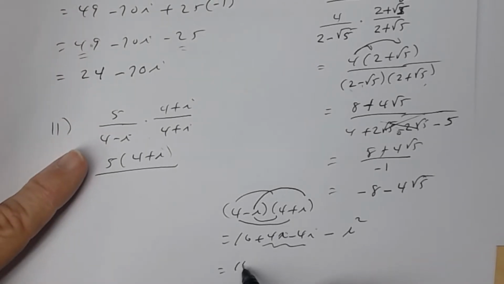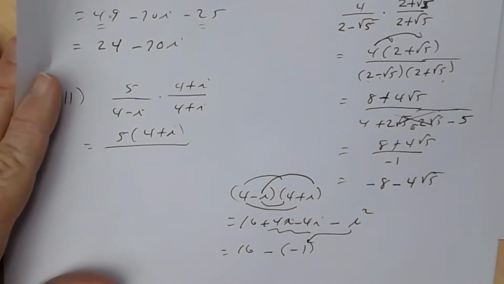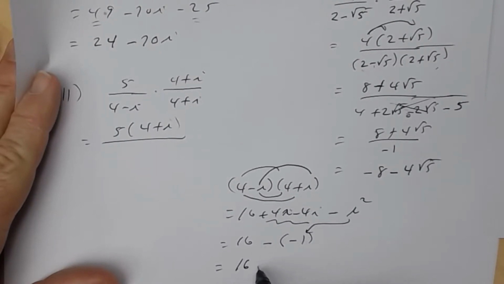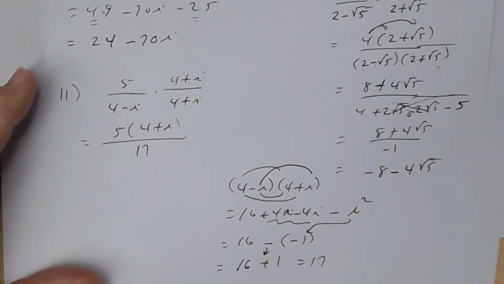So I get 16. Now be careful with this. So that's 16 minus, and then i squared is a negative 1. So 16 subtract a negative 1. But remember, 16 subtract negative 1 means the same thing as 16 plus the opposite of a negative 1. Change this to addition. So you get 16 plus 1, which is 17. Okay, so the denominator is 17.